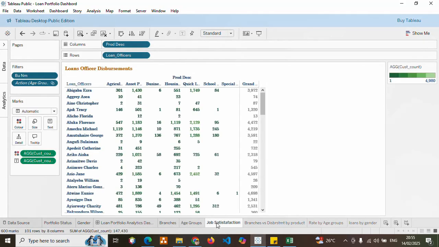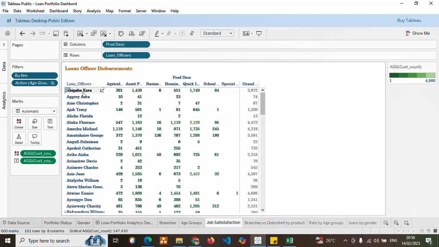Another worksheet that I came up with, I called it job satisfaction. This one shows the loan officers who are disbursing these loans against which type of loan product, and how many customers a given loan officer has handled for a given loan product.